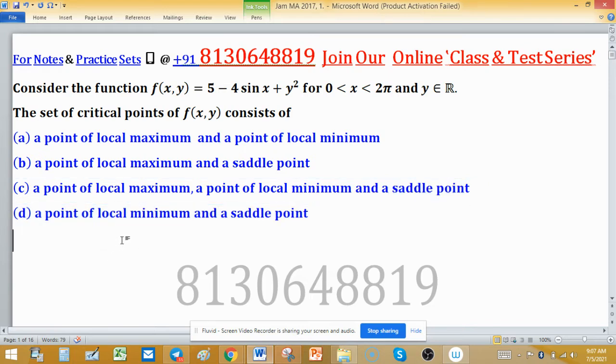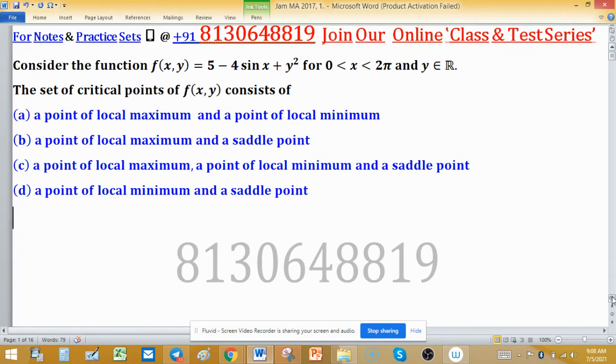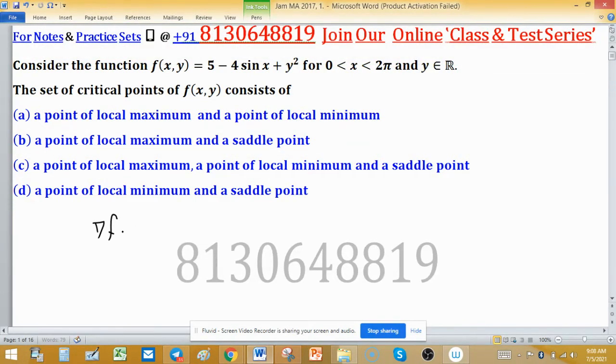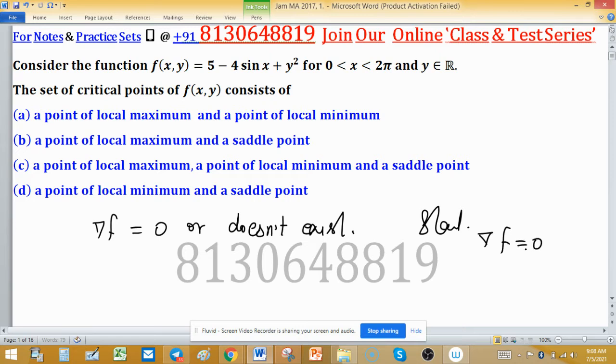So first, understand the meaning of critical point. A critical point is a point where the gradient of the function is either 0 or doesn't exist. A stationary point is a point where the gradient of the function is 0.